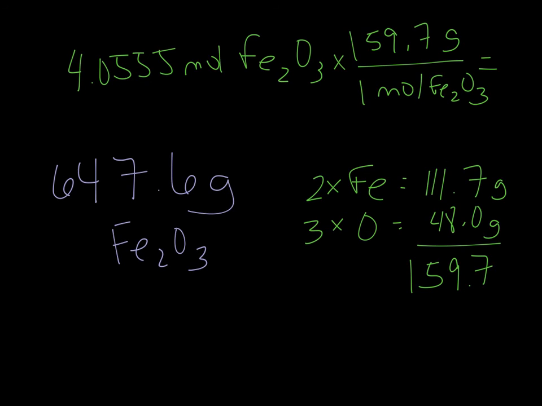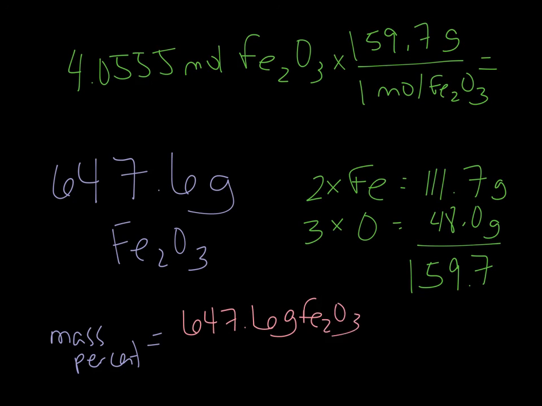And if we remember on the previous slide, we had mass percent was equal to the mass of the iron 3 oxide, which we now know is 647.6 grams, divided by the mass of the whole rock, which was 752, I hope.